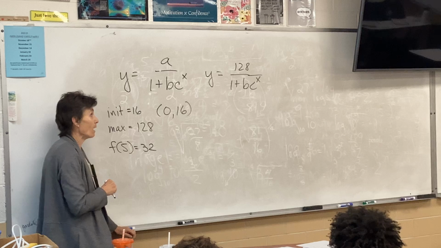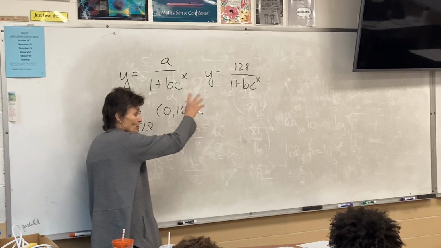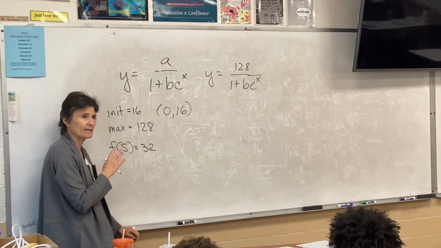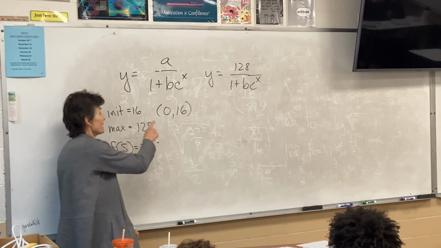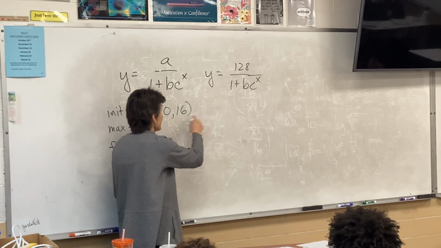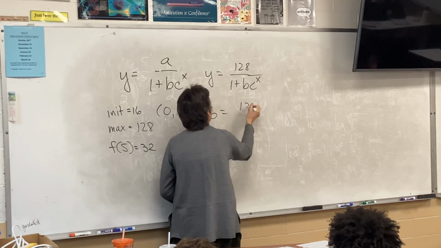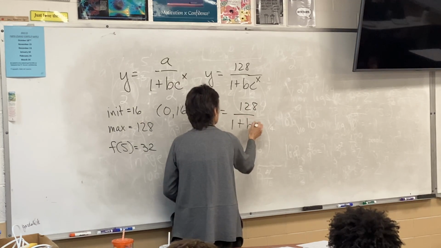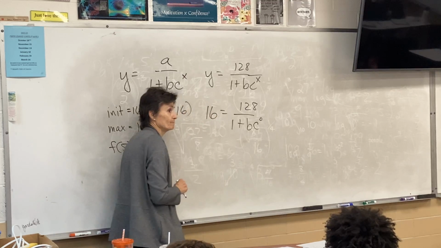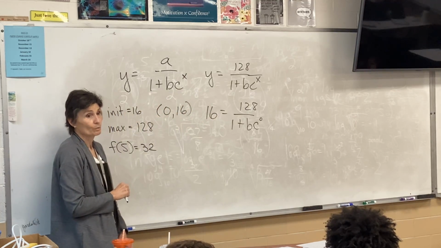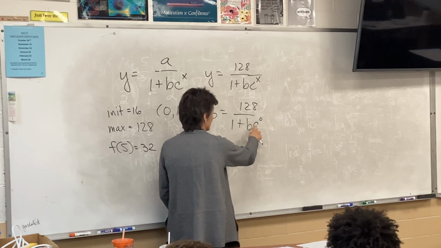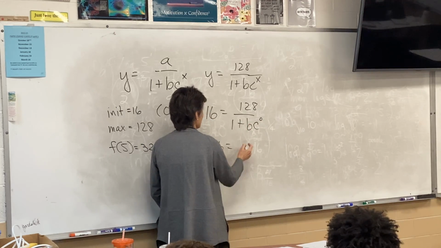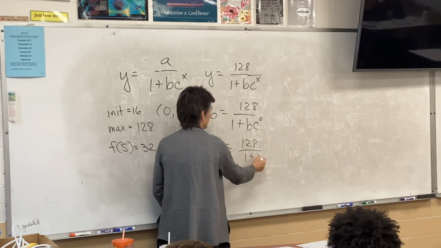Now, none of those letters are the initial value. It's not like in an exponential where you can just plug it in. But if x is 0 and y is 16, I think we can figure out another one of our letters. Because what happens to this? 1. It's gone. So 16 equals 128 over 1 plus b.